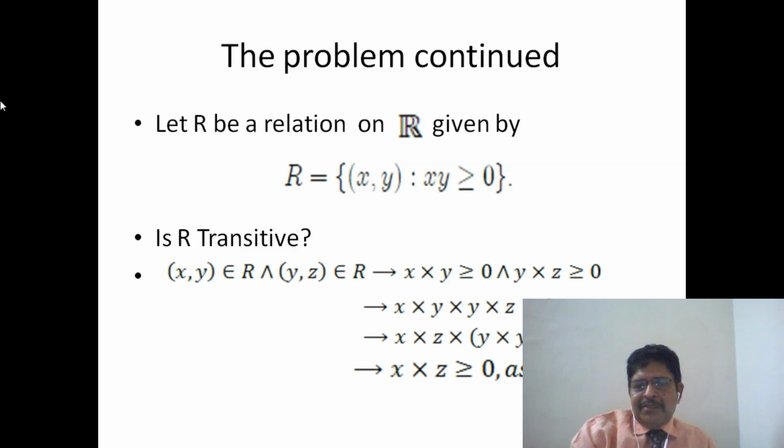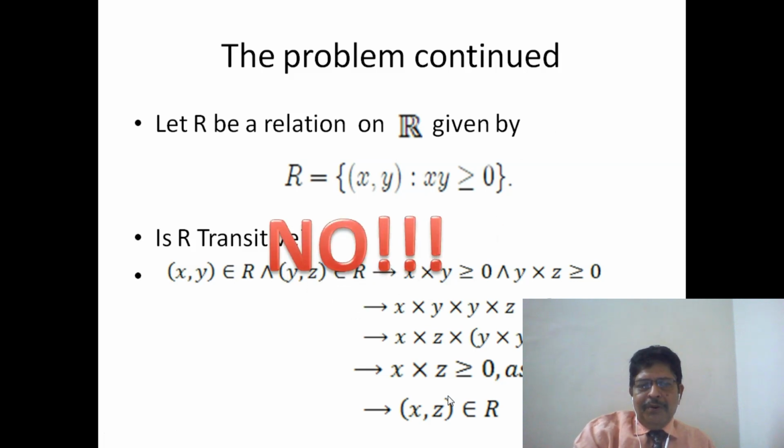And so does this imply that x into z is greater than or equal to 0? Can we just divide by y square on both sides and yet the inequality remains unchanged? And so can we conclude that x is related to z also?